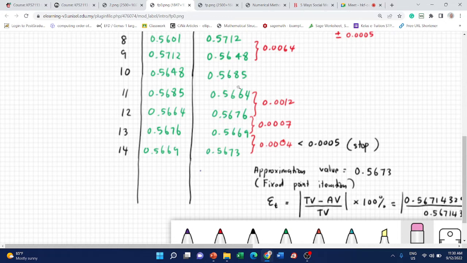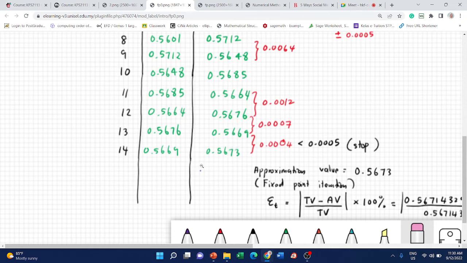If your computation works in 2 decimal places, the stopping criterion must be less than 0.05. So you see that the stopping criterion is not fixed. Different methods have different criteria. So we stop. That means using fixed point iteration, the approximation value is here.